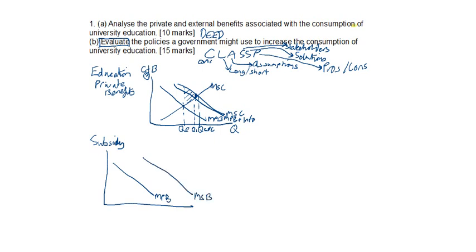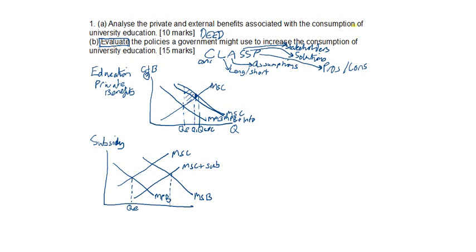And then we've got our marginal social cost. And then because we've been given a subsidy, it lowers the marginal social cost. So MSC plus sub. In this case we can see this is where we would ordinarily have produced QE. This is where we want to produce.